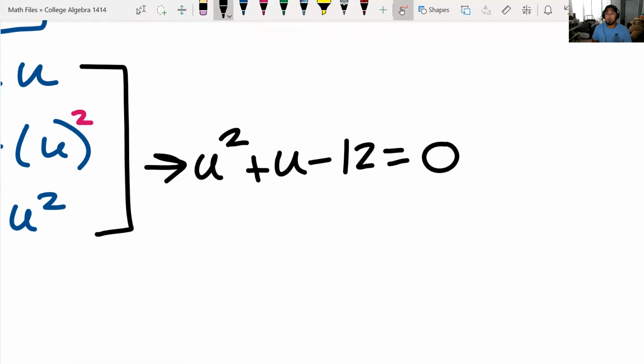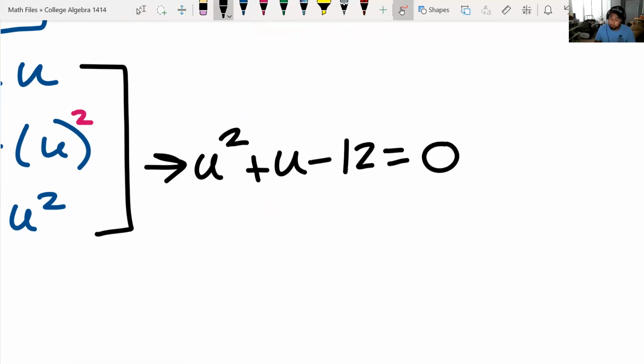From here, we really hope it's factorable. And it is. We need factors of 12 that can make positive 1. So when I say that, I'm like, think of the factors of 12. Like, what two numbers can multiply to equal 12, but also subtracted or add together to equal 1.